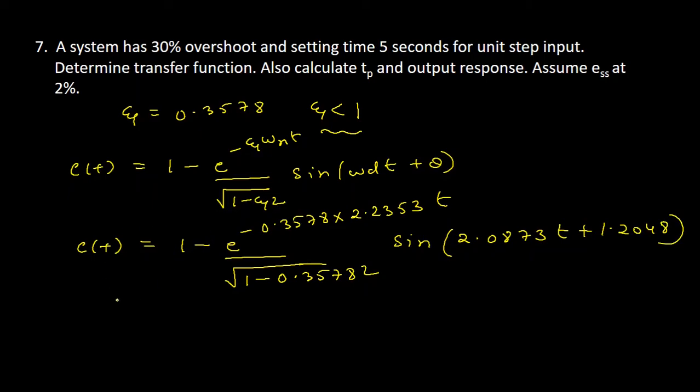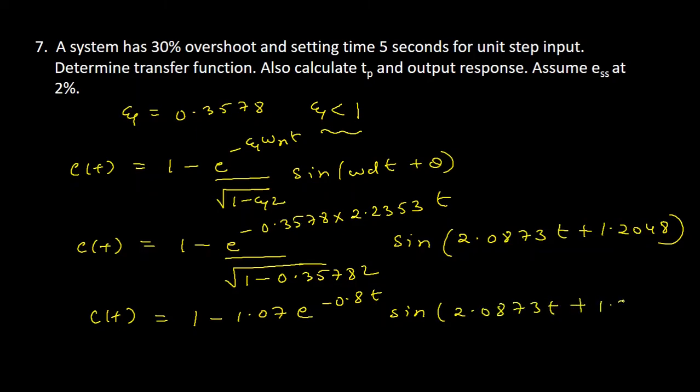When we solve this equation, we'll get output response c(t) is equal to 1 minus 1.07 e to the power minus 0.8 t into sine of 2.0873 t plus 1.2048. So this is the required equation of the output response.